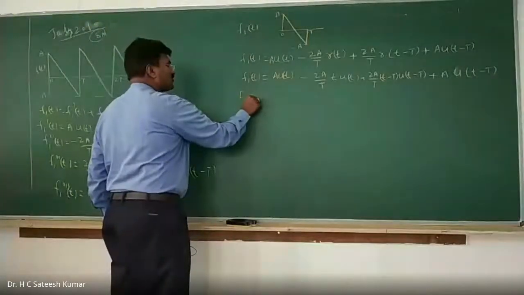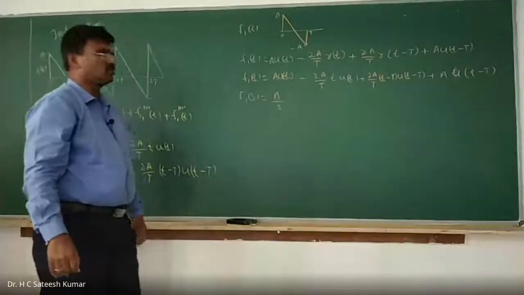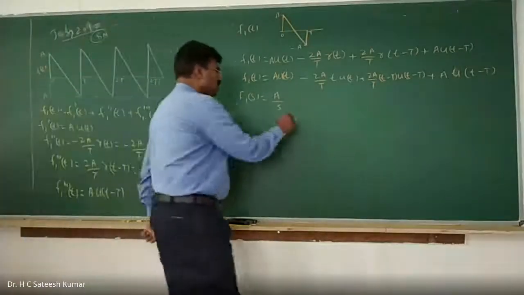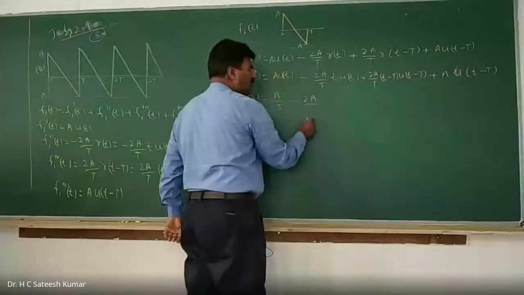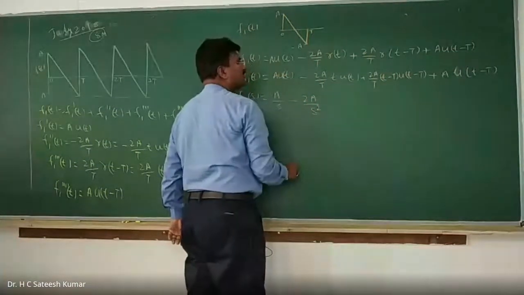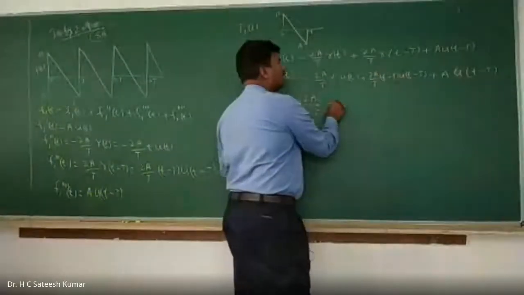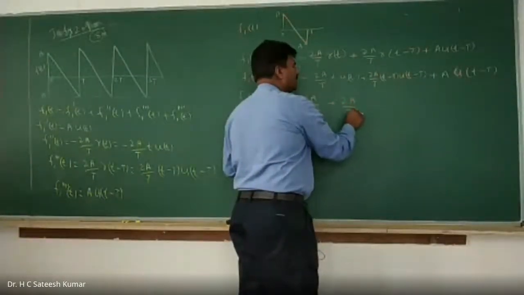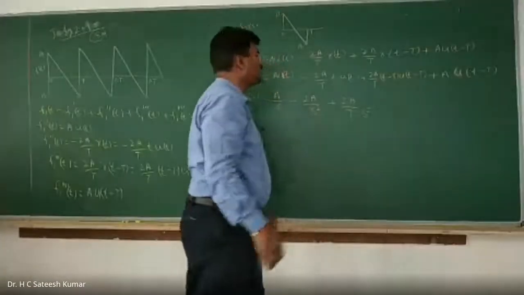f1 of s is equal to a by s. Laplace transform of u of t is 1 by s, constant. Minus 2a divided by T is there, means s square: 2a divided by T into s square. t into u of t is nothing but 1 by s square.